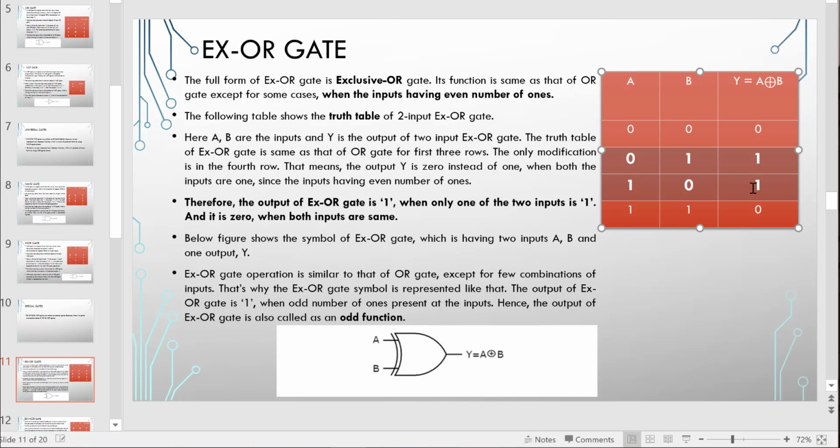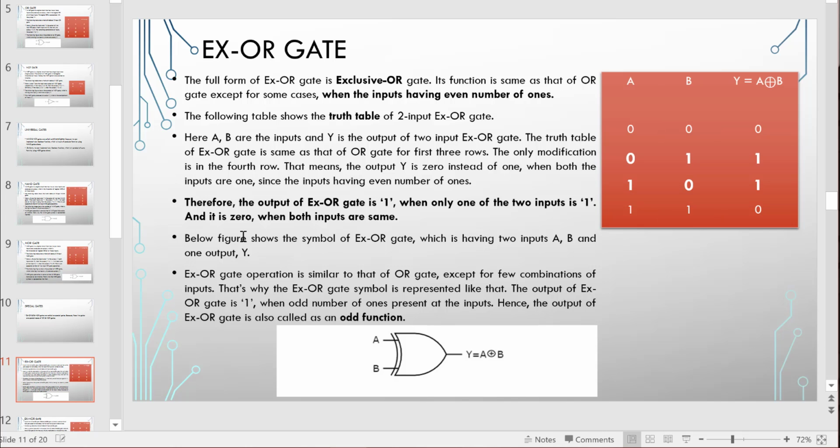But in the OR gate, if there are two ones in the input, then we will get 1 in the output as well. But in exclusive OR, it is for the even number of ones, so it will give 0 if there is an even number of ones.